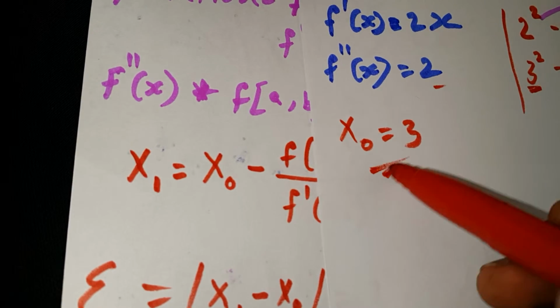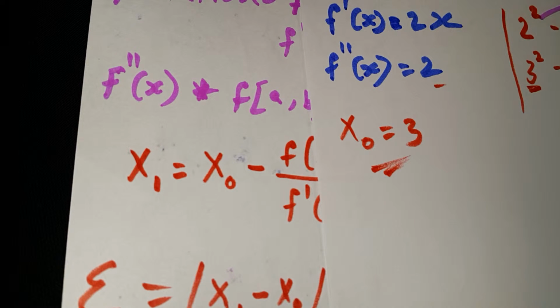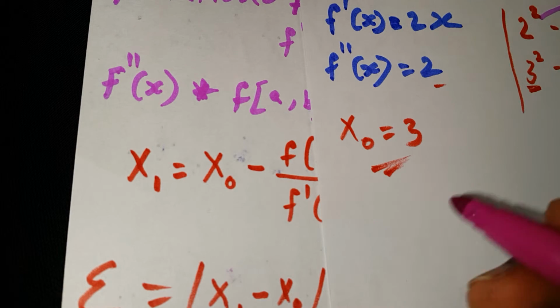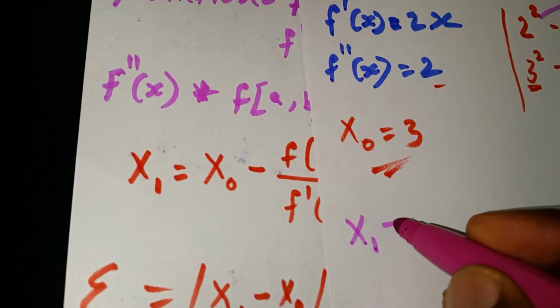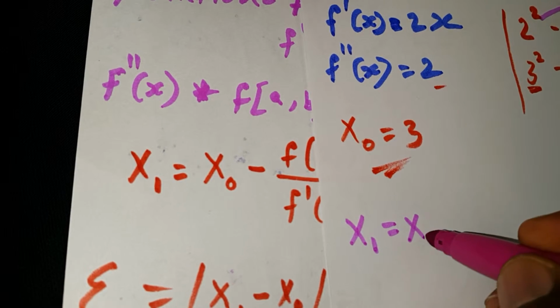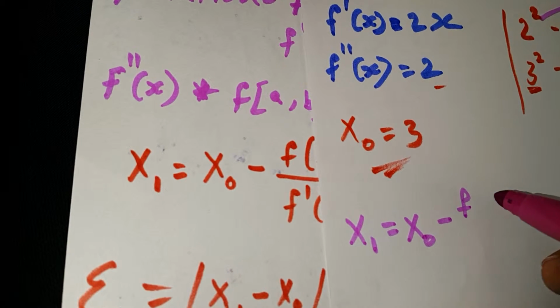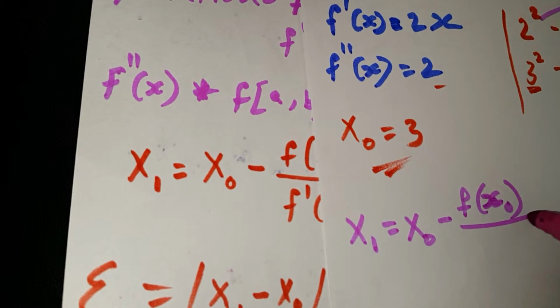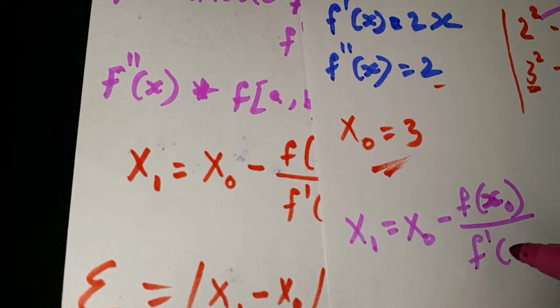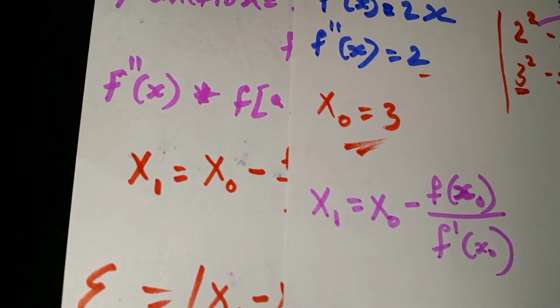So what is our x1? We already know the formula: x1 is equal to x0 minus f of x0 over f prime of x0. This is our formula.